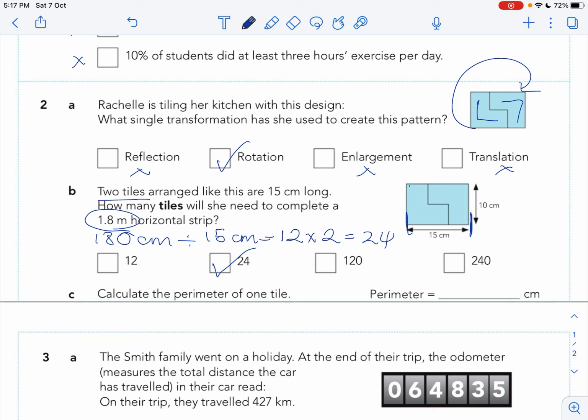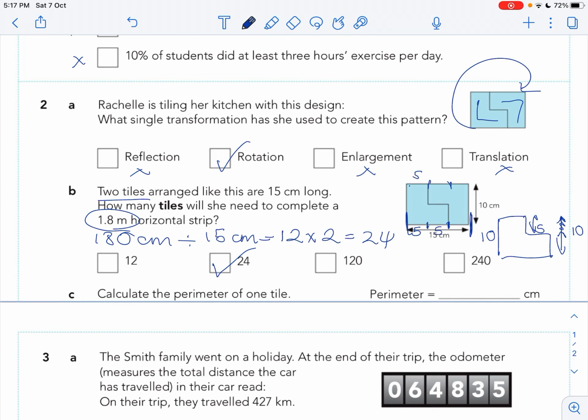Okay, the perimeter of one tile. Okay, this is not 15. We know that this plus this, that plus that equals 10. We know that that side equals 10. Because this is all symmetrical and things like that, that means that these here must be 5.